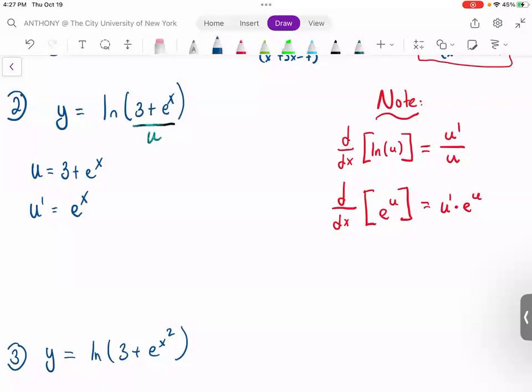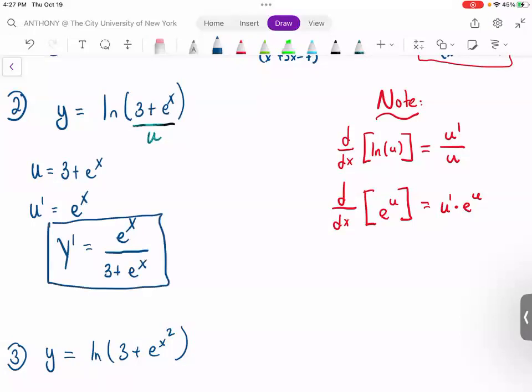So y prime is equal to e to the x all divided by 3 plus e to the x. That's it. This piece is my u prime. This is my u. ln of u is u prime over u.